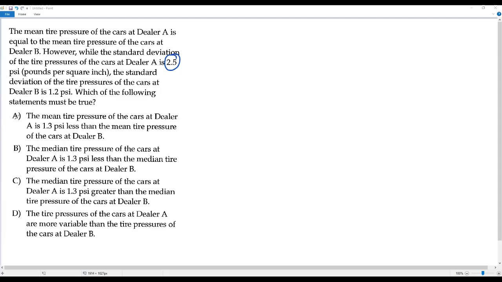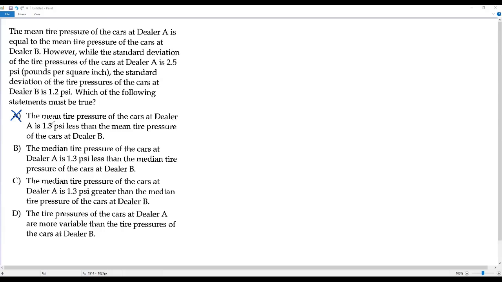Now first let me go over answer choice A. The mean tire pressure of the cars at dealer A is 1.3 psi less than the mean tire pressure of the cars at dealer B. It's absolutely wrong, because answer choice A says that the mean tire pressure of the cars at dealer A is 1.3 psi less than that at dealer B. That means the mean at dealer A is not equal to the mean at dealer B. But the first information clearly says the mean tire pressure at dealer A is equal to the mean tire pressure at dealer B, while answer choice A says they are not equal.